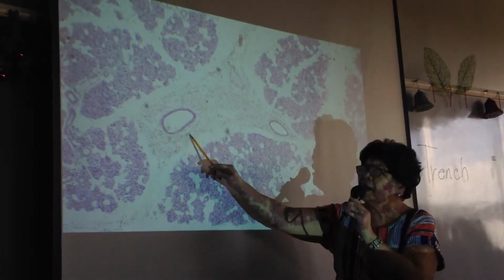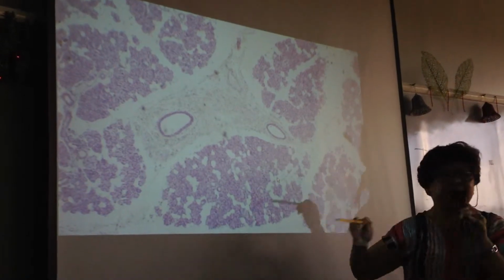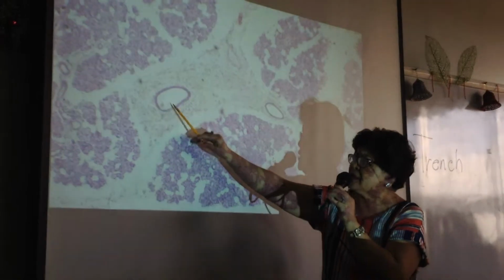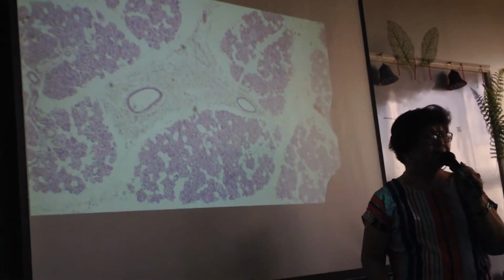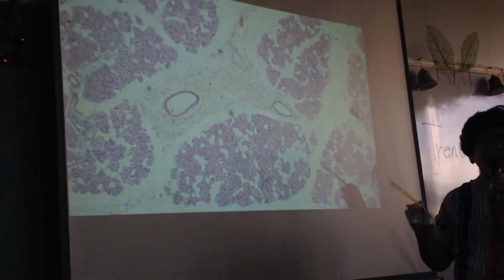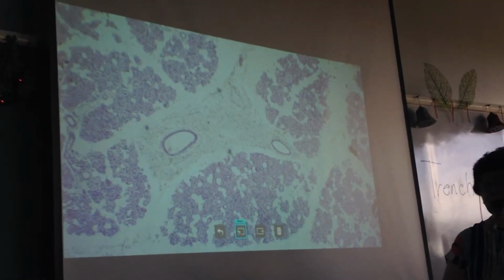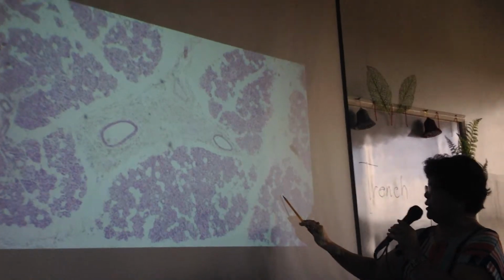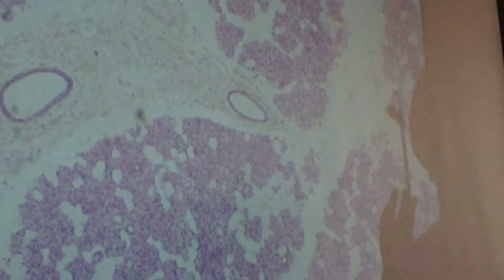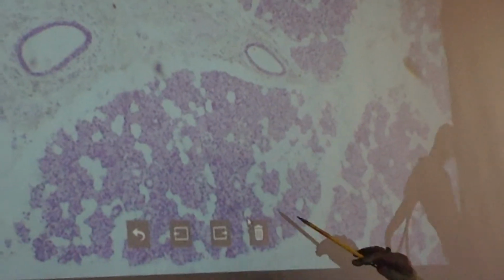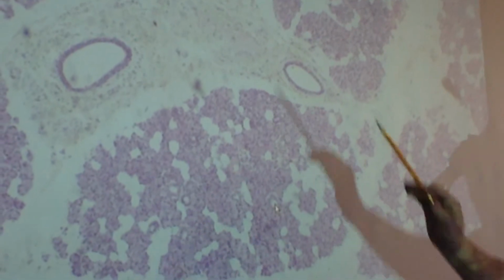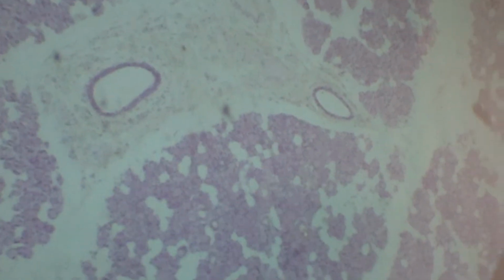So you have the interlobular duct. The duct is lined by simple cuboidal epithelium. There are ducts that contain secretions like this one. Then the second type of duct that you're going to locate is the intralobular duct. It is called intra because it is situated within the lobule, and it is surrounded by acini. Interlobular is surrounded by connective tissue.